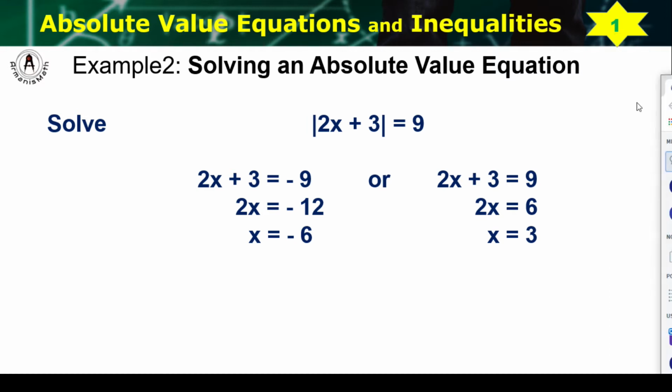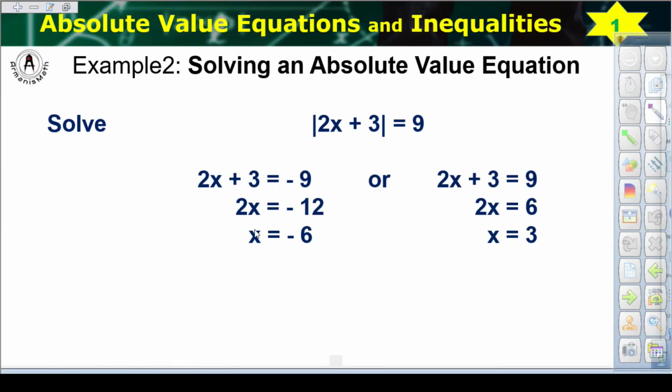So you're saying 3. So basically I have 2x plus 3 equals -9. And then I subtract 3. -9 minus 3 is -12. Divide that by 2 is -6. And I've got 3 subtracted.